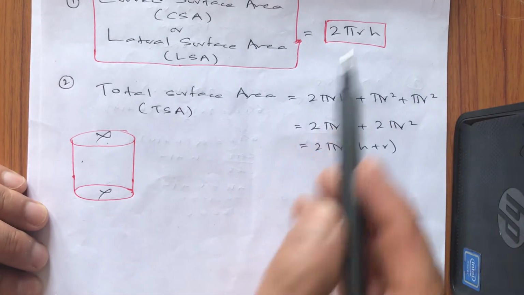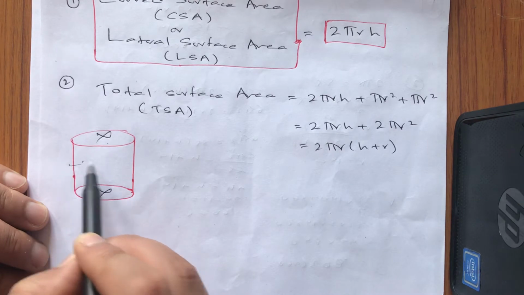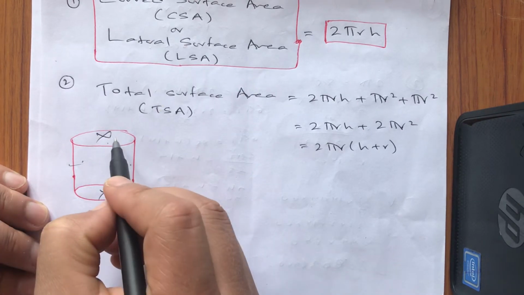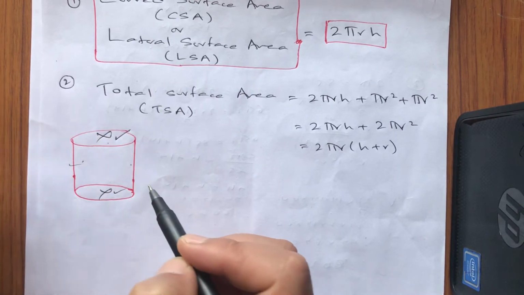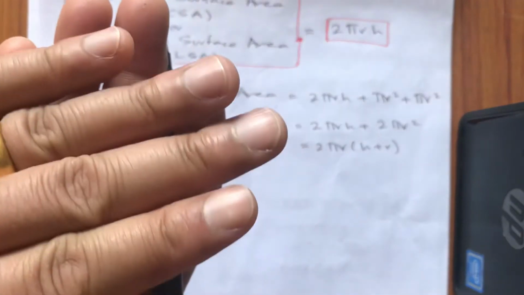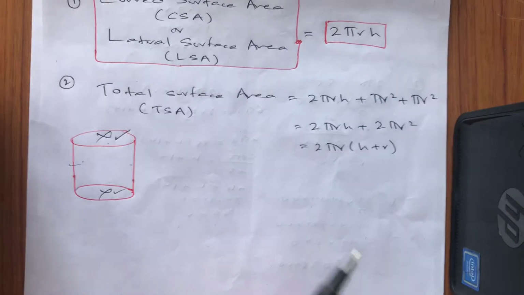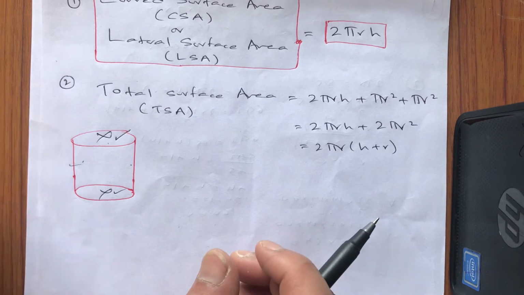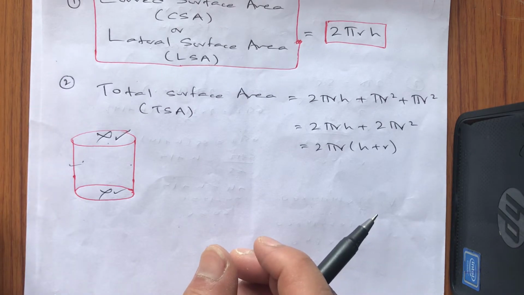And that's the formula. Now along with this curved part, if I include the upper half and the lower half also, like a lid at the top and at the bottom, then what will happen? That kind of an area will be called your total surface area.